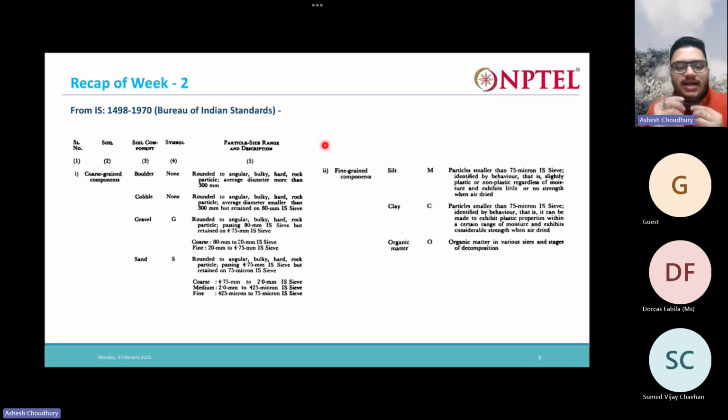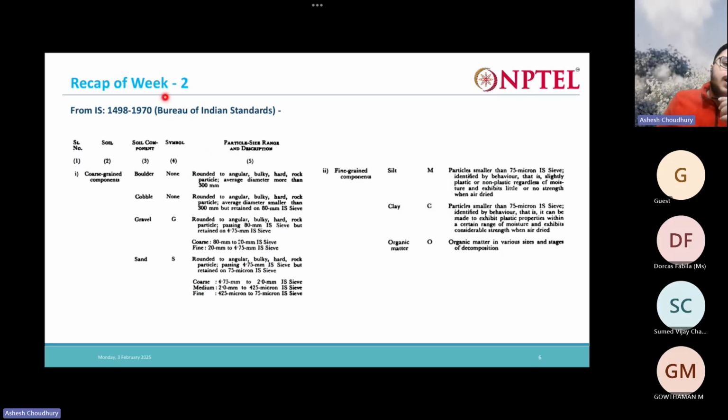First, on the left hand side, it is given for coarse grained components. Coarse grained components can be boulder, cobble, gravel and sand. For boulder and cobble there are no particular symbols, right? So let us read about gravel.